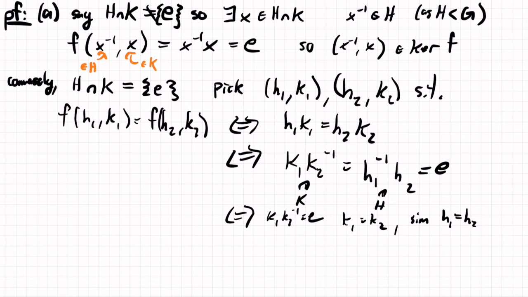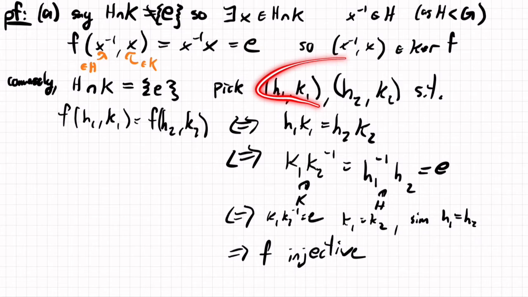So because K1 equals K2 and H1 equals H2, that shows that F is injective. Because we picked two things which map to the same thing and proved that they have to be the same thing. Okay, that was part A.